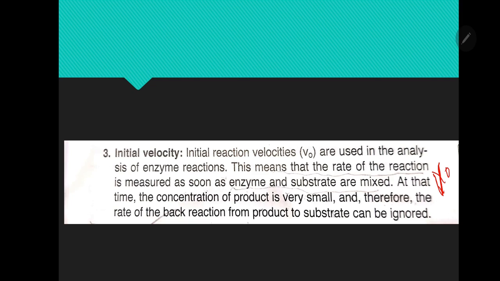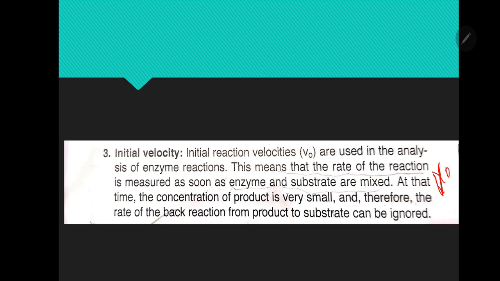You can now understand that as soon as the enzyme comes into contact with the substrate, the rate of reaction starts, because they are reacting with each other. But at this time, it has just started.